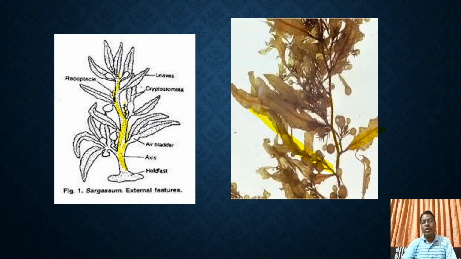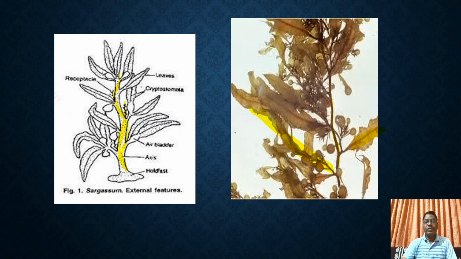Here you can observe in this photograph, this is an air bladder that is directly produced on a special branch in the axil of the leaf-like structure or secondary lateral. So the position of this air bladder again varies from species to species.